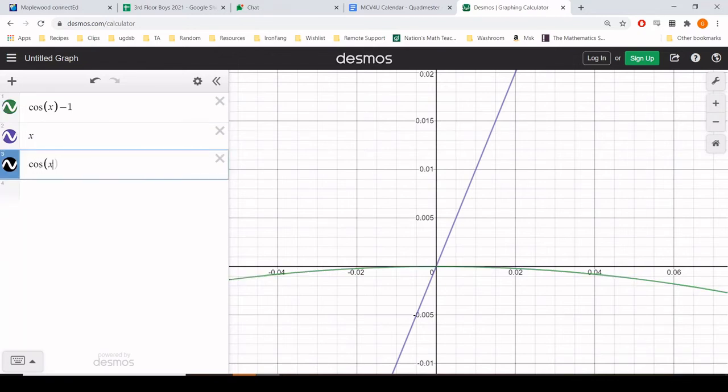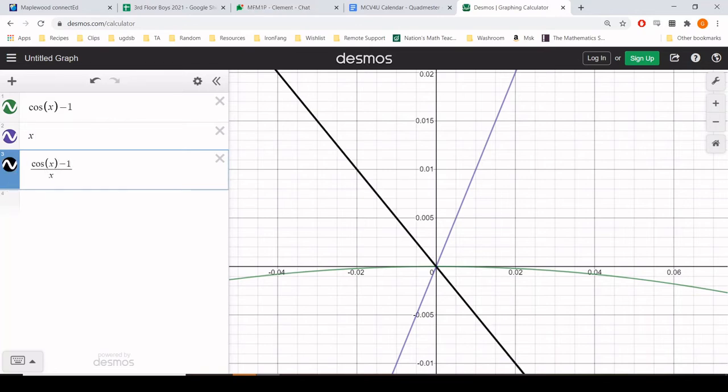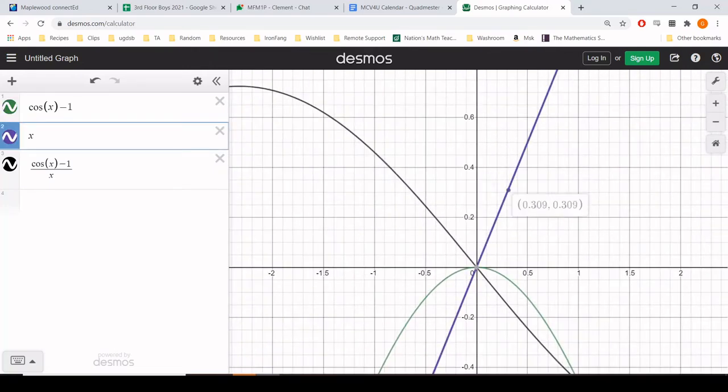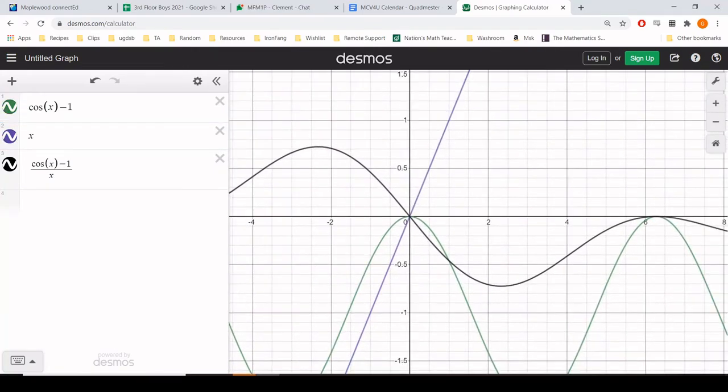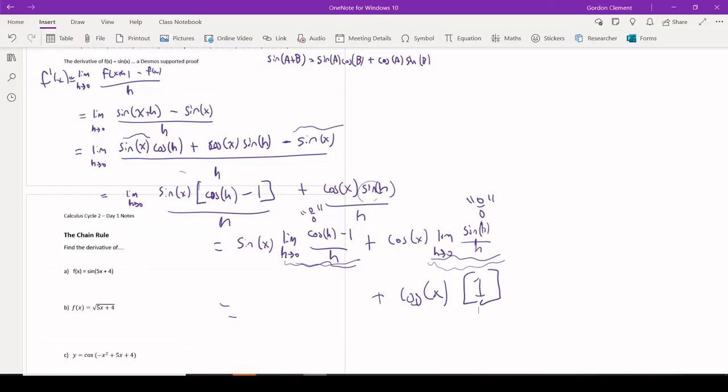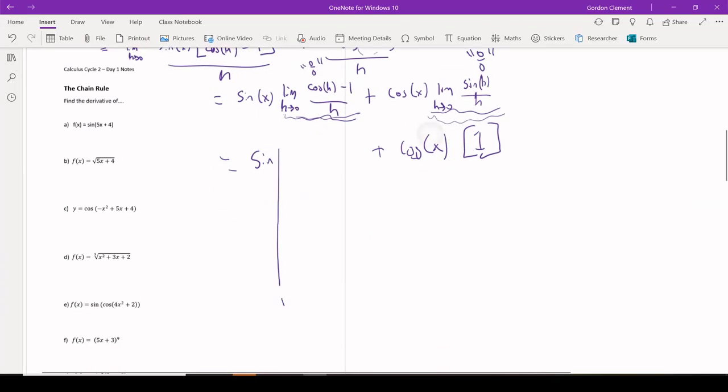And so I'll look at these two things put together. That graph there, cos of x, I'm way zoomed in here. There it is. That graph does, in fact, go to 0 as x goes to 0. So we get sine of x times 0 plus cos of x times 1.